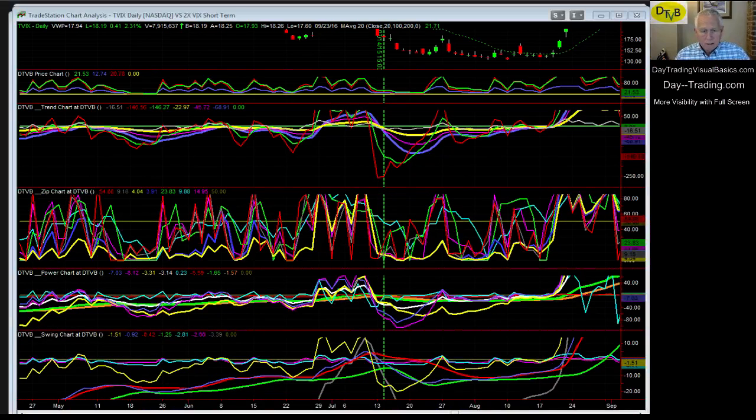The green line is on the trend red low angle up, which is very typical for an uptrend start.